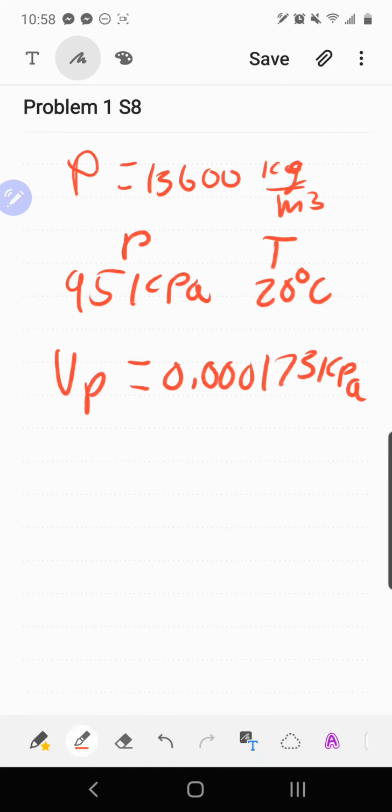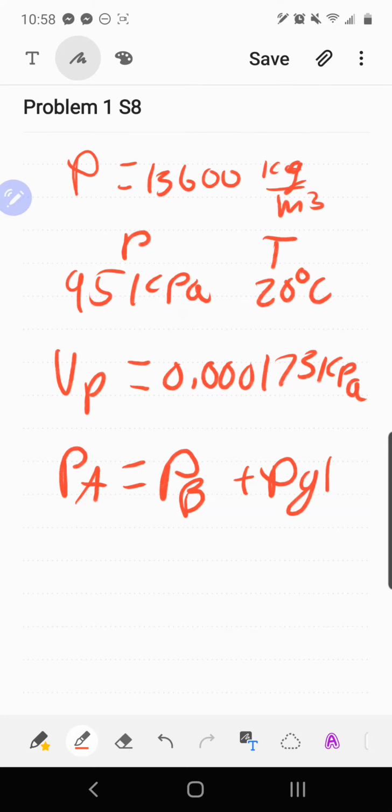Okay. So what we want to look at first is the general equation for fluid rise, or for pressure. How do we balance our pressure? PA is equal to PB, whatever your secondary point is, plus rho g h.